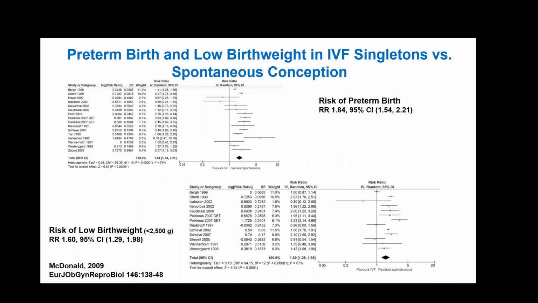The preponderance of evidence indicates that IVF, including ART cycles here with standard insemination, and I'm going to use IVF to mean ART with standard insemination for the rest of the webinar, even in singletons, and these are singletons, does result in an increase in both prematurity and low birth weight. So preterm birth here had a relative risk of 1.84, and low birth weight a relative risk of 1.6 compared to spontaneous conception overall.